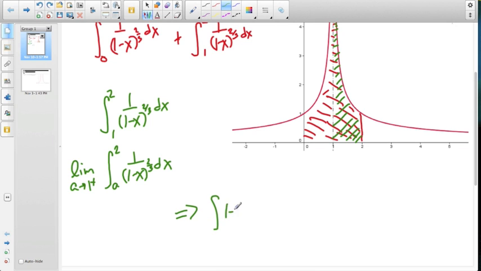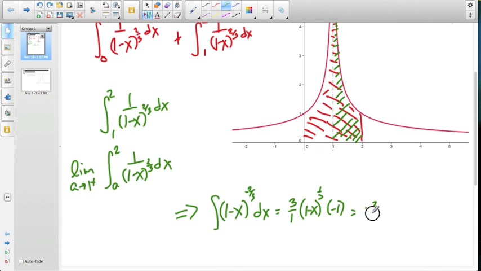I'm going to call that 1 minus x to the negative 2/3, so I can do the power rule here. We add 1 to this, that gives us a positive 1/3. We take the reciprocal, which is 3 over 1, times the quantity 1 minus x to the 1/3 power, and then we have to do the chain rule, or u-sub technically, to get that appropriate negative sign out there.